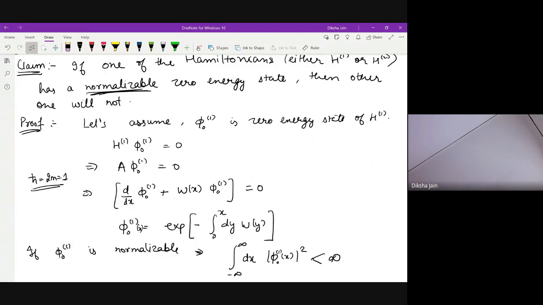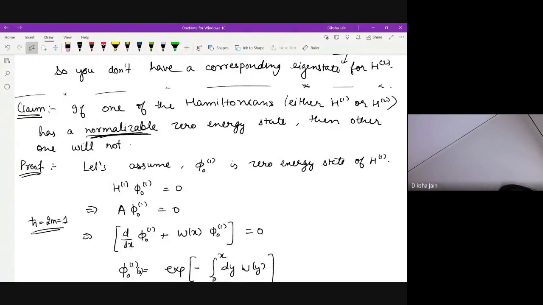I'm not finding the ground state using W of x. I'm just proving the other statement that given a W of x, only one of them will have a zero energy ground state. Both of them will have ground states, but zero energy will be true only for one of the Hamiltonians.